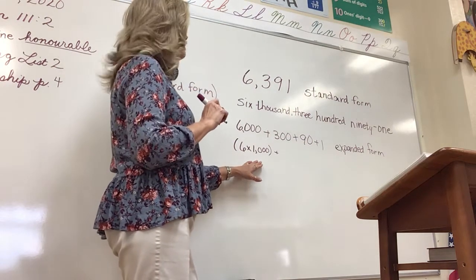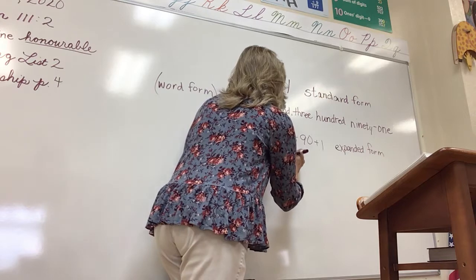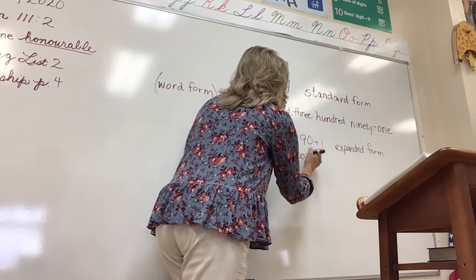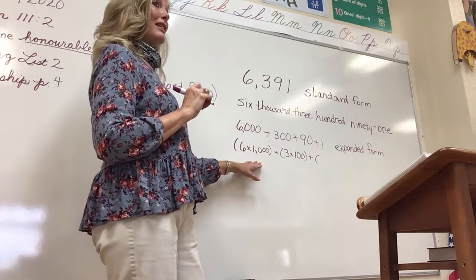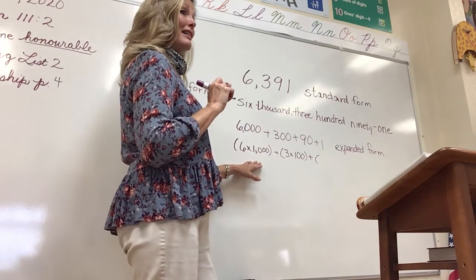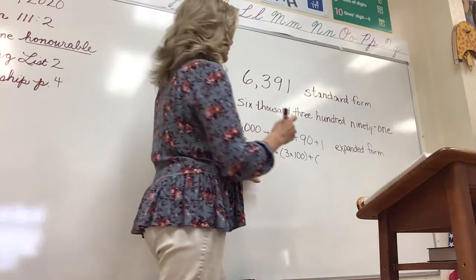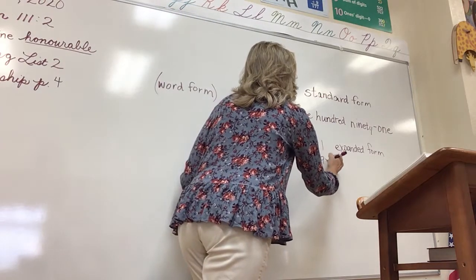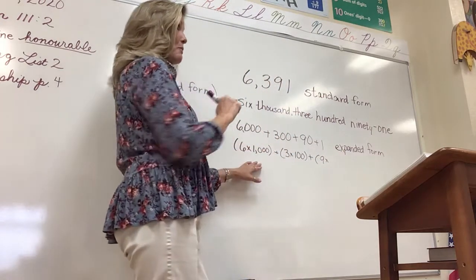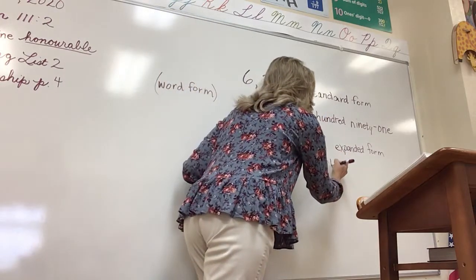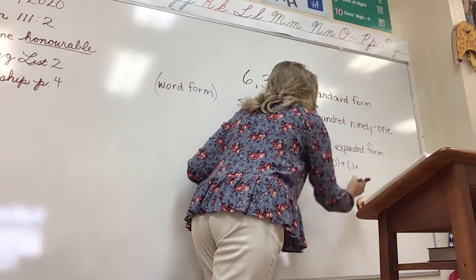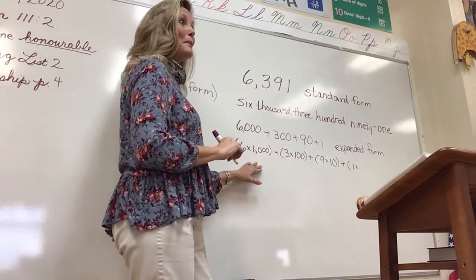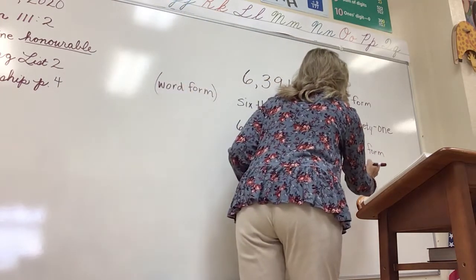Sophia? 3 times 100. That look familiar? Plus, go ahead. 9 times 10. 10, because it's in the tens place. Plus 1 times 1, because it's in the ones place.